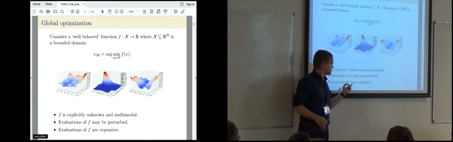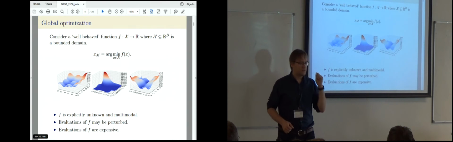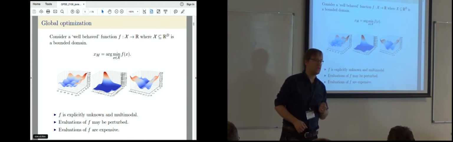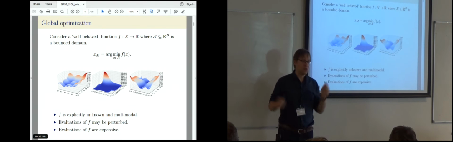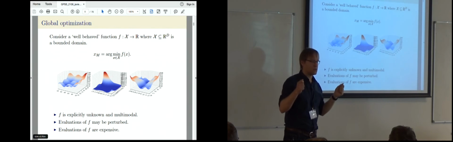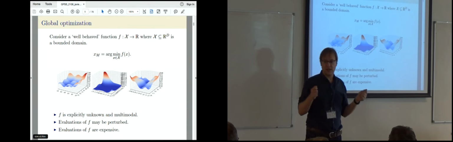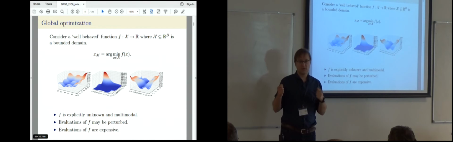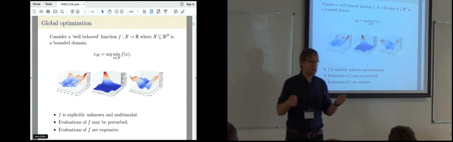Evaluating these functions may be very expensive, and this is very important here, right? So if you are training a neural network on 1 billion images, and you are trying to find the best possible configuration, every time you try a particular configuration of the neural network, it is going to take minutes or probably hours to get a result.